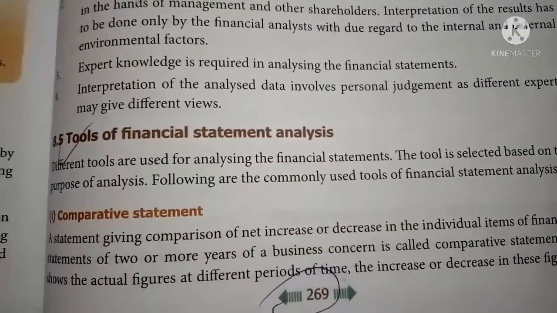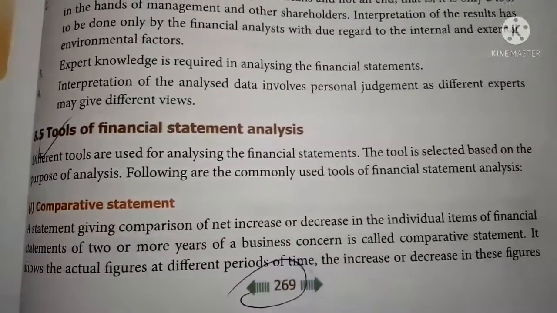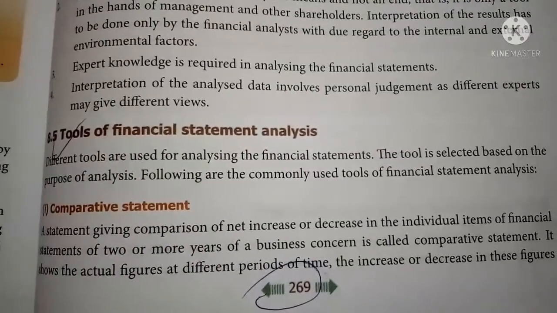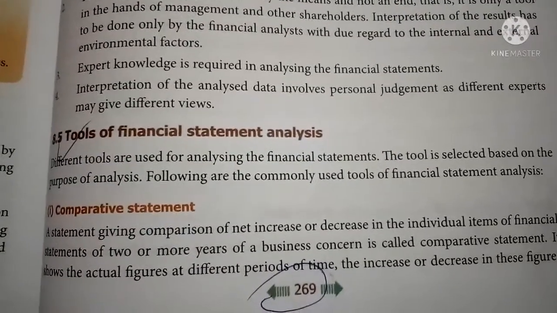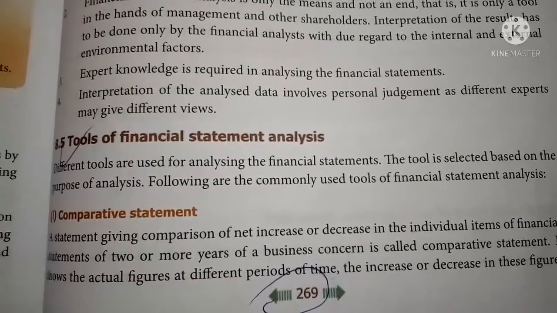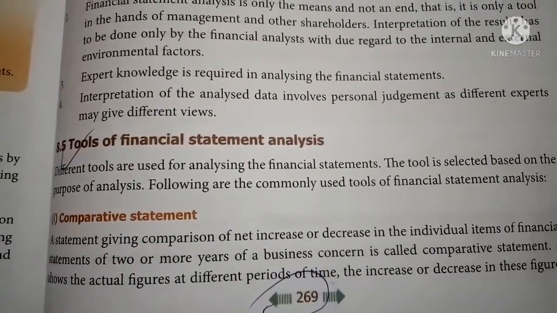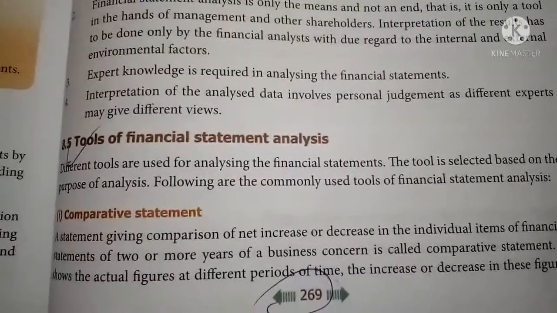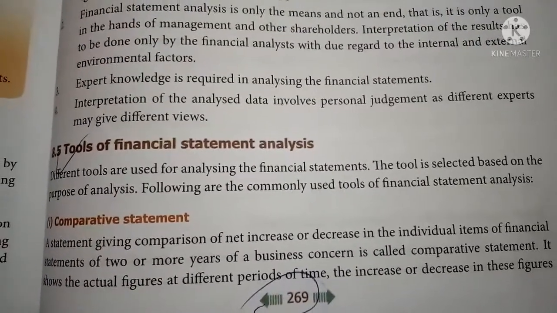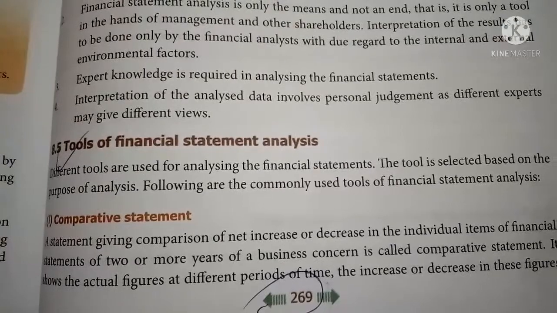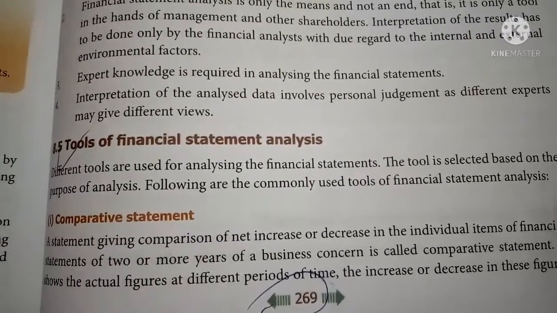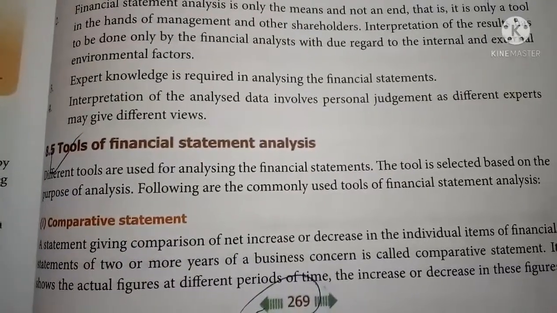There are various types of financial statement analysis. Among them, the first one is the comparative statement. It is a statement giving a comparison of net income and the net increase or decrease in the individual items of financial statements of two or more years of a business concern, and is called a comparative statement.